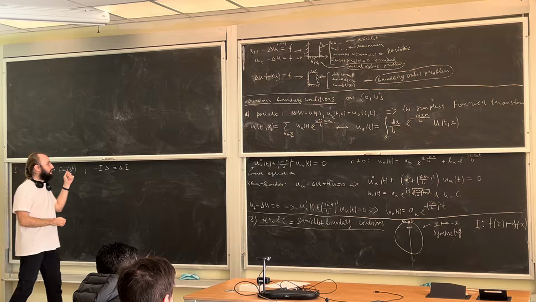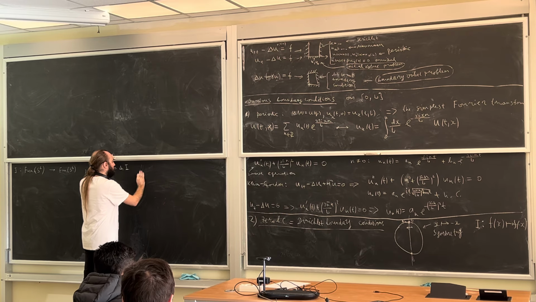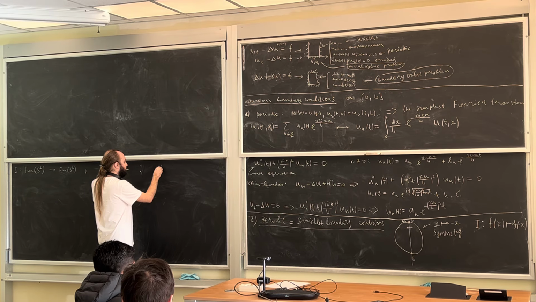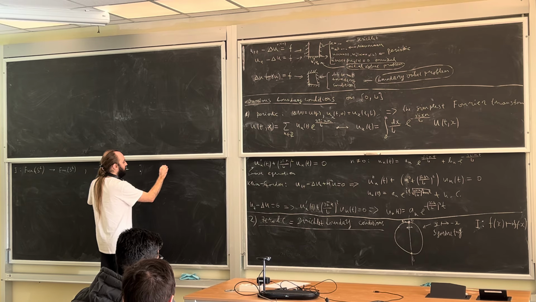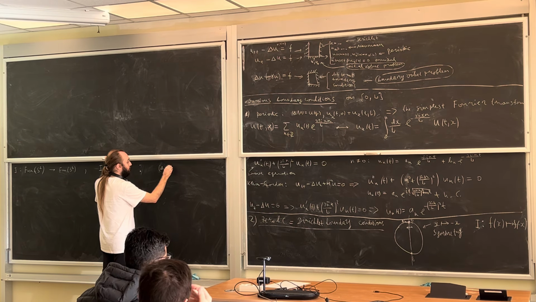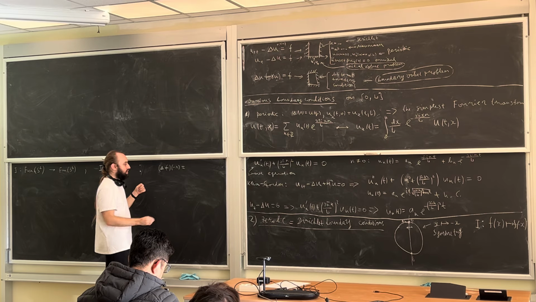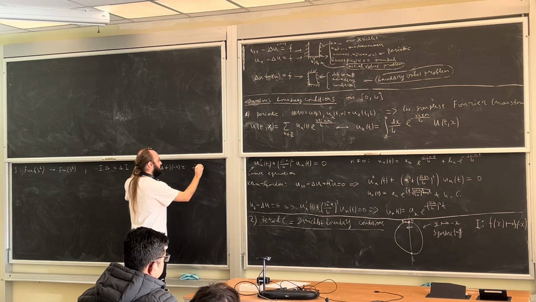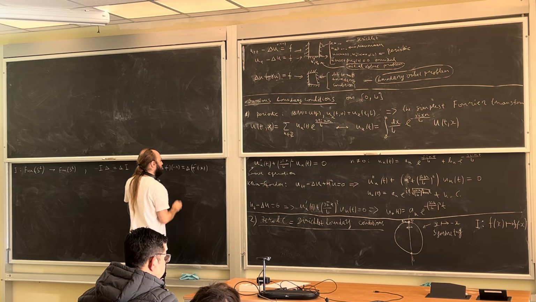In the sense that if we first take Laplacian of f and then compute it at minus x, it will be the same as to compute f of minus x and then apply to it Laplacian.